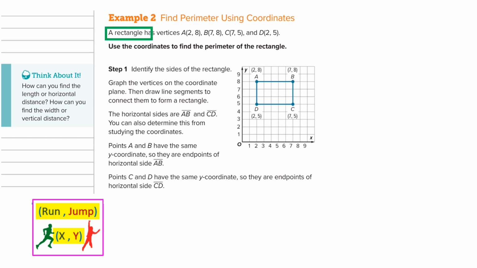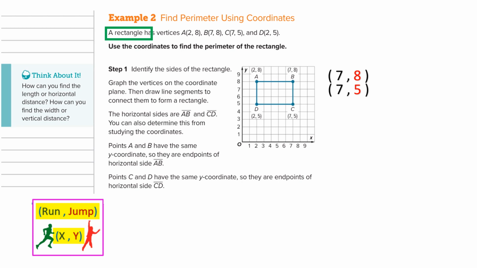So if I just focus in on the rectangle and I want to find the perimeter, I'm going to pair up the ones that have the same x and opposite y's. Now, especially when it's a rectangle, I am never going to pair up A and C in this example because neither of the x's are the same and neither of the y's are the same.